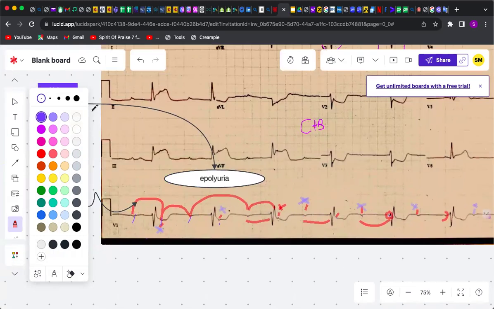And then again, if we have a case like that, we have to map the P waves. So you map the P wave to track every P wave, where you could find or detect a hidden P wave. Mostly they are hidden in the ST segments or in the T wave.